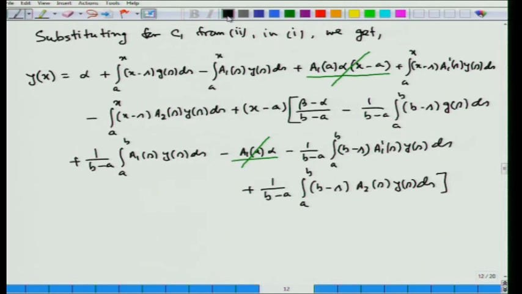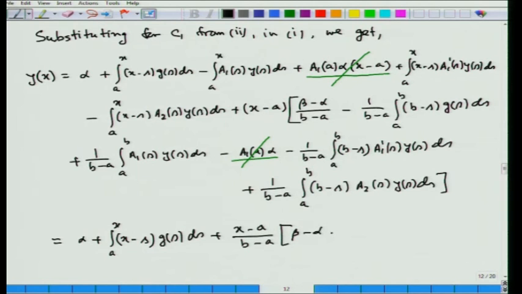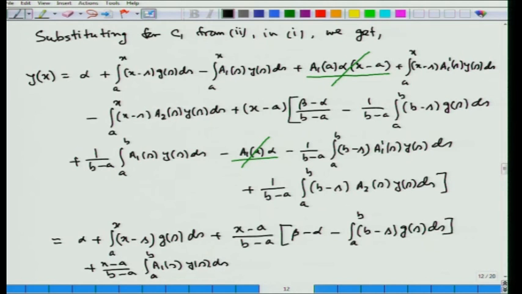If we do that, then we will be having one expression, that is alpha plus integral a to x, x minus s, g s ds, plus x minus a divided by b minus a, then beta minus alpha minus integral a to b, b minus s, g s ds, this one, and then plus we will be having 6 terms, that is x minus a divided by b minus a integral a to b, a 1 s, y s ds, and now I am writing the similar terms side by side, then we will be having this term.